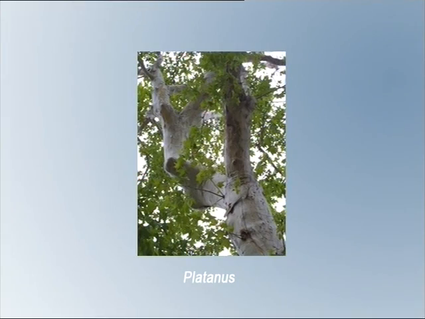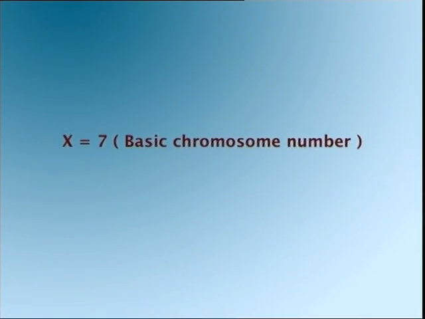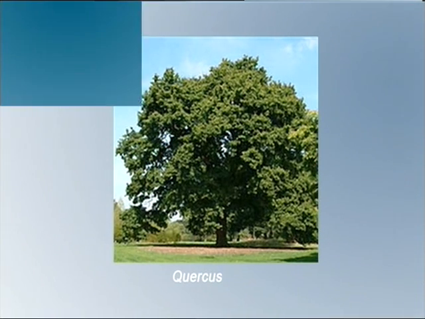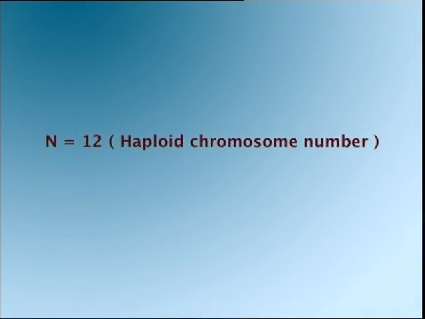All individuals within a genus usually have the same chromosome number. For example, all known species of Platanus have x = 7 basic chromosome number. All species of Quercus have n = 12 haploid chromosome number. But there are exceptions also.